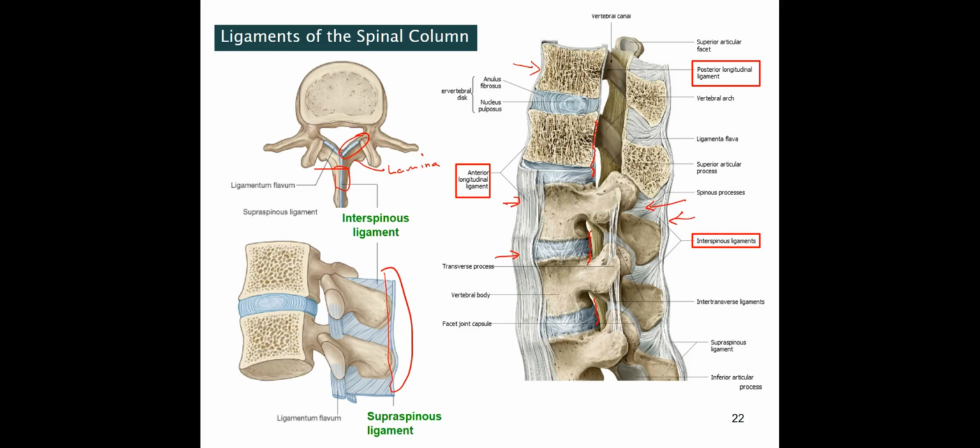All of the ligaments resist trunk flexion except for the anterior longitudinal ligament, which is resisting extension.